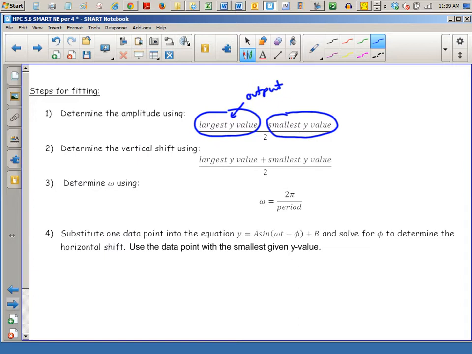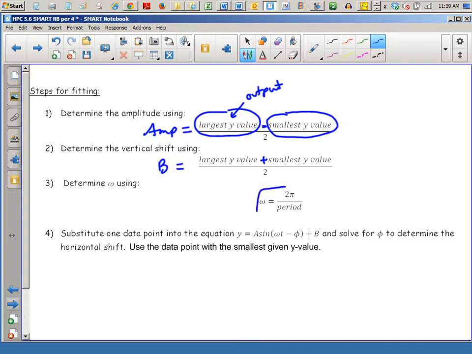It's position, because it could be an x value. It could be a horizontal position. But it's the change in position divided by 2. And then, for vertical shift, it's largest y value plus smallest y value over 2. So those two formulas are very, very similar. This gives us amplitude. This gives us b, the vertical shift.